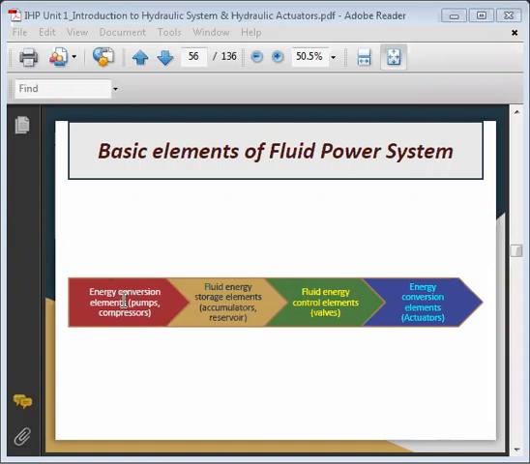The answer is your pump and your compressor. If I take the name of the pump, I am talking about hydraulics, and if I take the name of the compressor, I am talking about pneumatics.